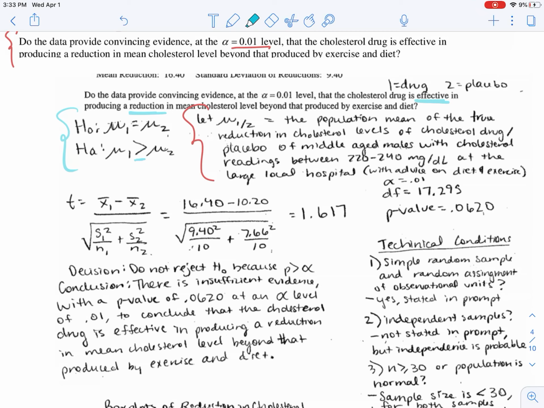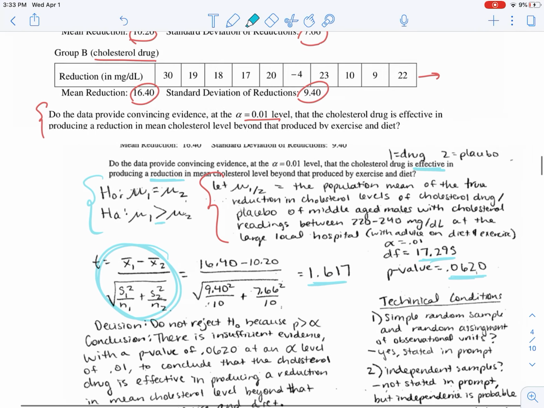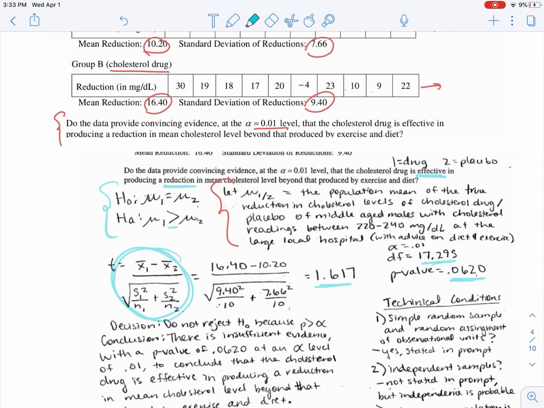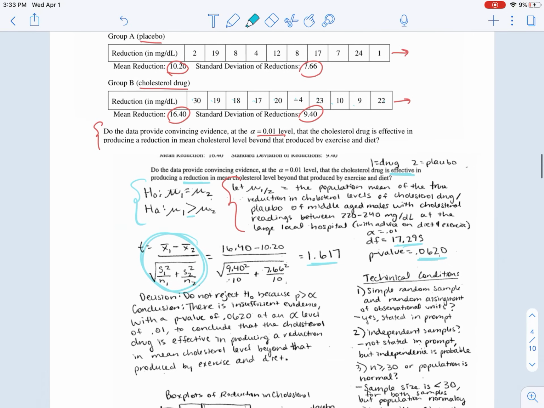They name the test by either the formula, that's what they did, or you could name it, in this case a 2-sample t-test. They found their test statistic, their p-value, and their degrees of freedom, which probably came right off the calculator, because if they were doing this by hand, they would have 9 degrees of freedom, just like we had in the one right above it.